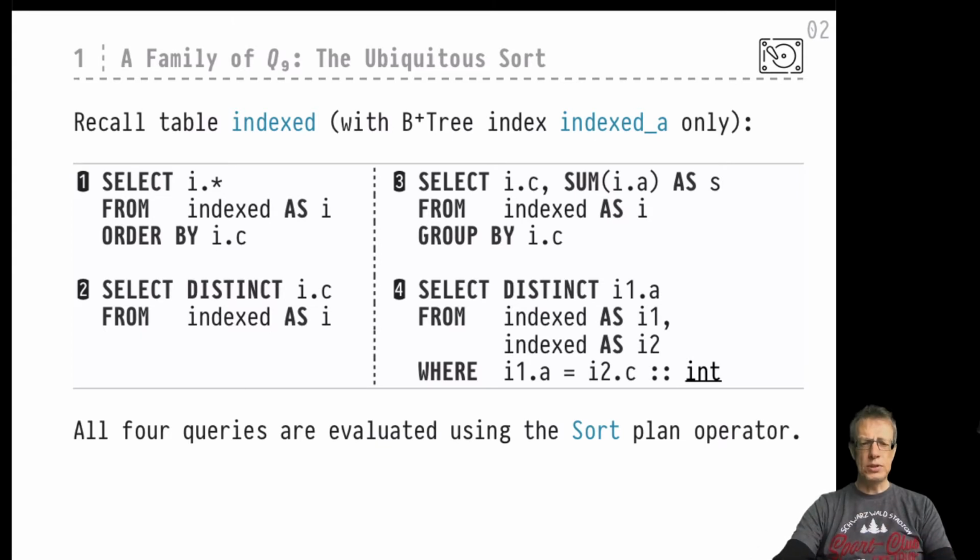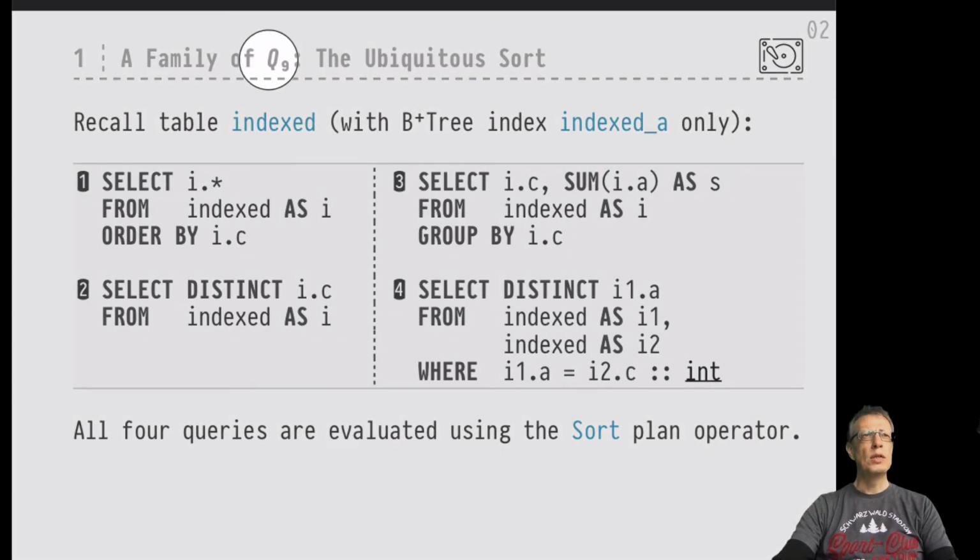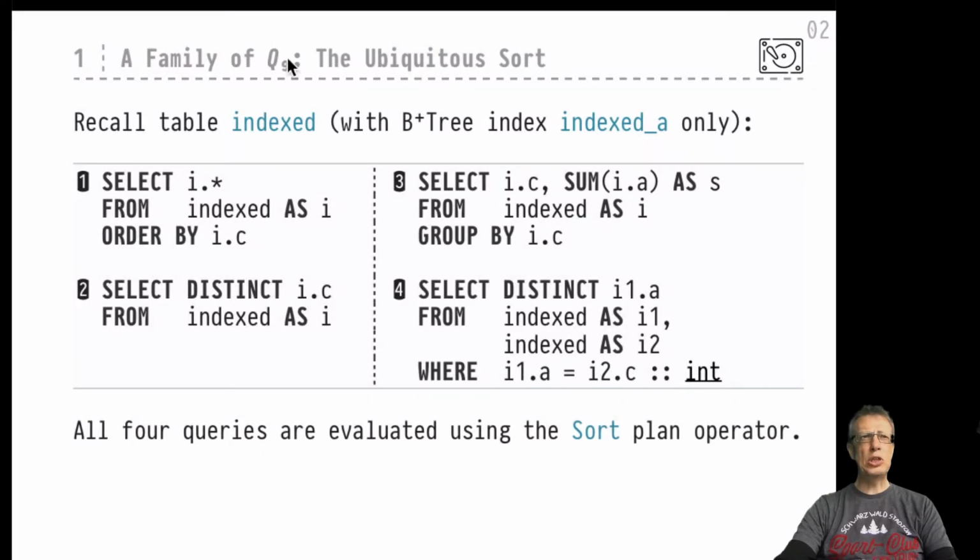So if a single query is not enough to study the impact and the role of sorting, well then let's study a whole family of queries. A whole family of probe queries, that will lead us to very similar observations that sorting is pivotal in the efficient execution of query plans.